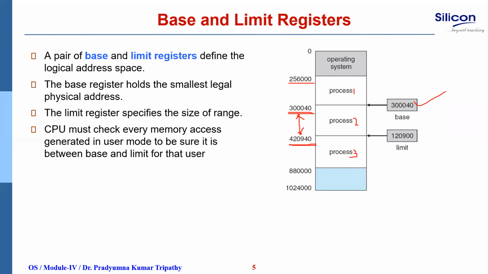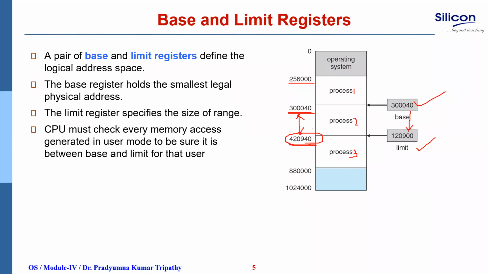The starting address of a process is stored in the base register, and the limit is stored in a register called the limit register. So base plus limit gives you this boundary.